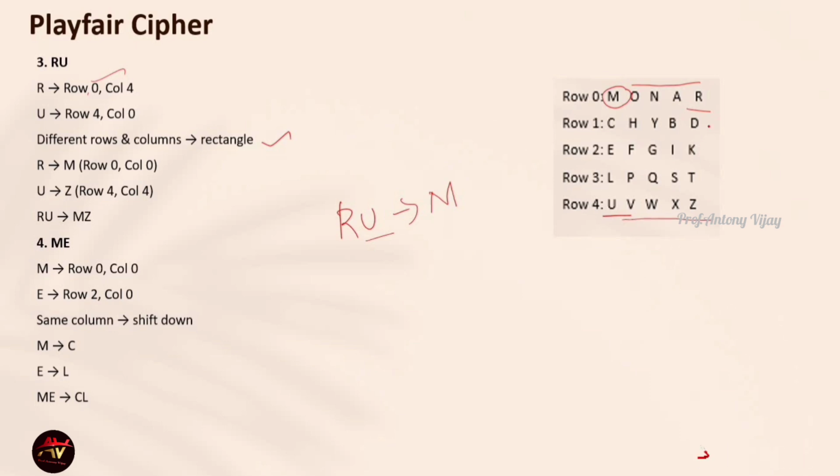Straight to R is Z. So RU will be replaced with MZ. Then the next one is ME. ME is here.